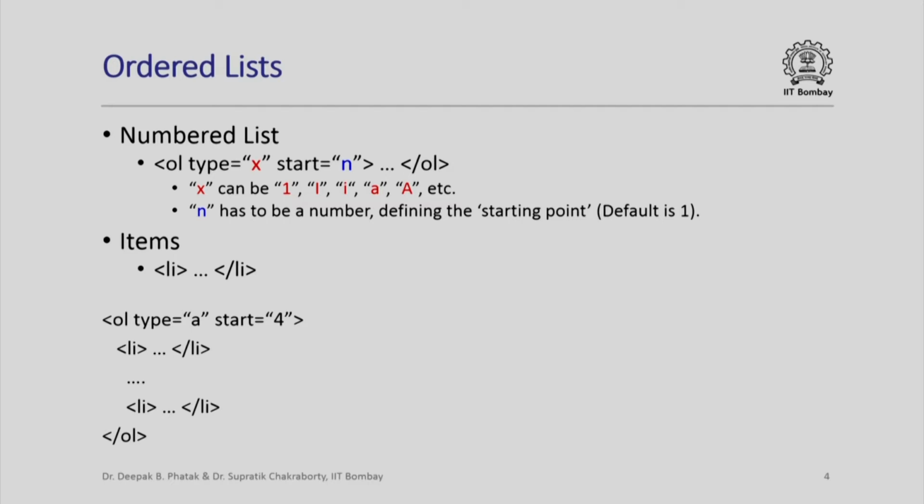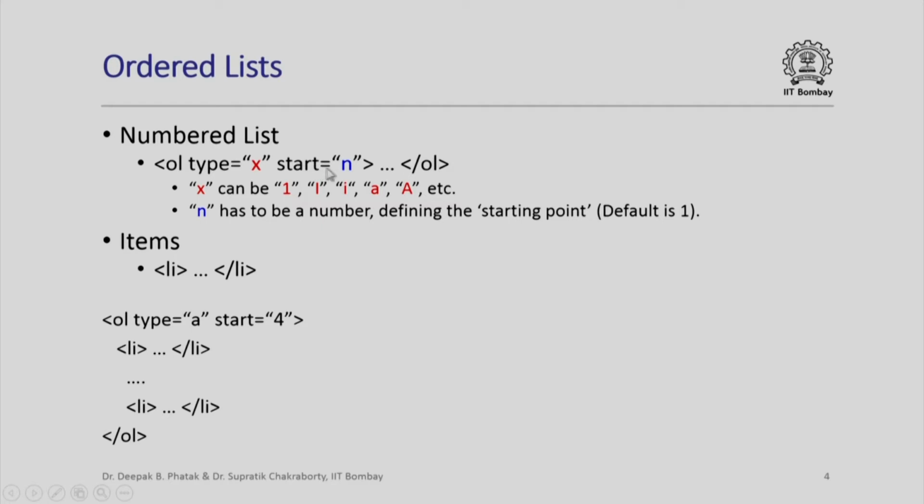So the type can be any one of 1, capital I, small a, capital A, etc. What it means is that my list could be either a numbered list 1, 2, 3, 4 or Roman capital 1, 2, 3, 4, Roman small 1, 2, 3, 4, alphabetical A, B, C, D, E, F, G, and capital alphabet A, B, C, D, etc.